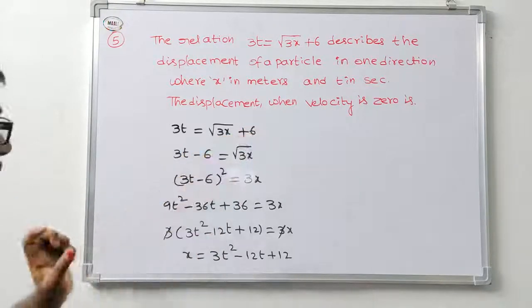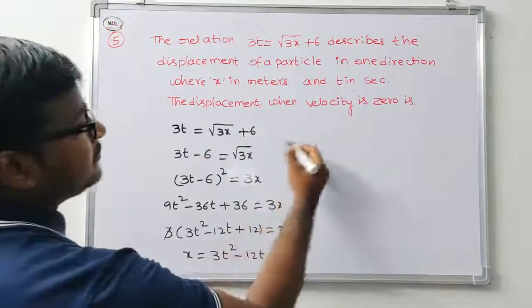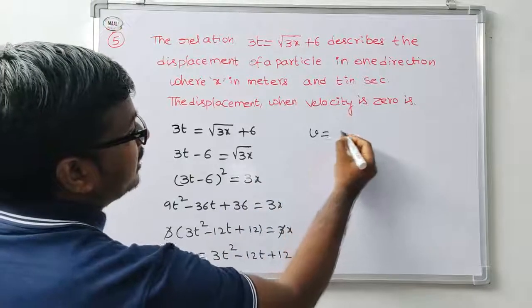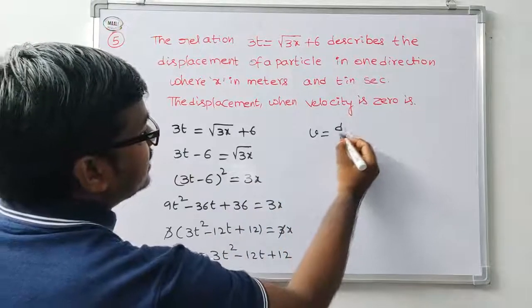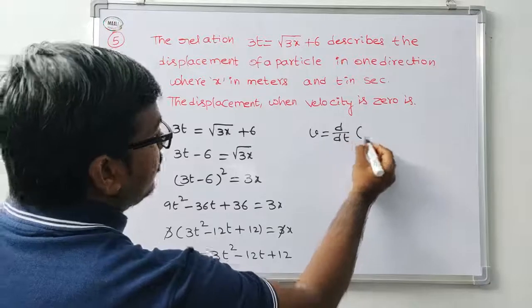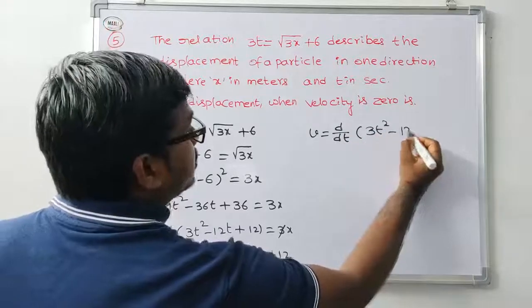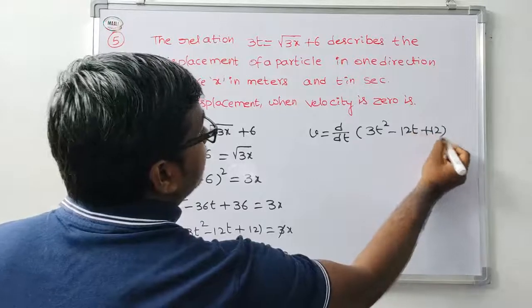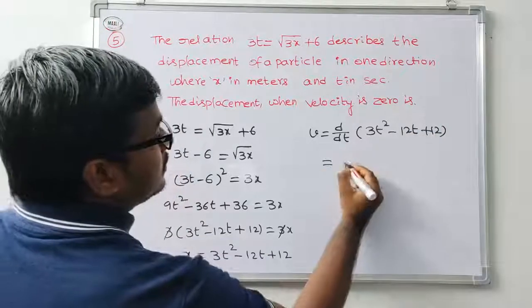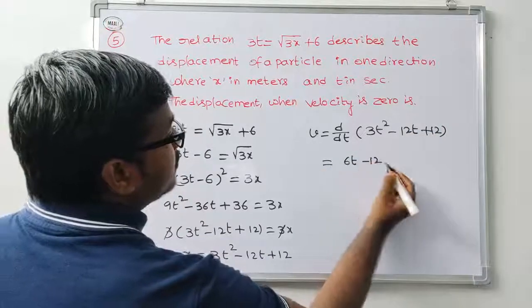First, to find the velocity: velocity is the change in displacement by time taken, d by dt of 3t square minus 12t plus 12, which is 6t minus 12.